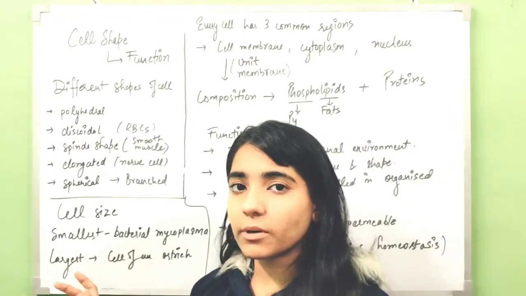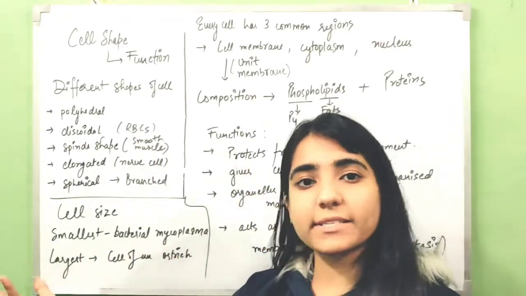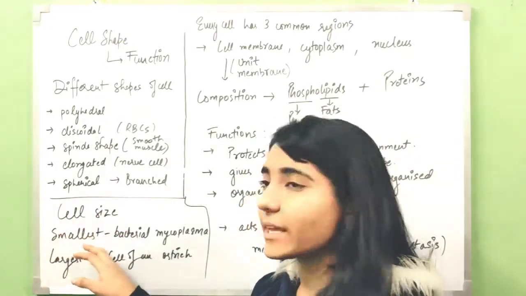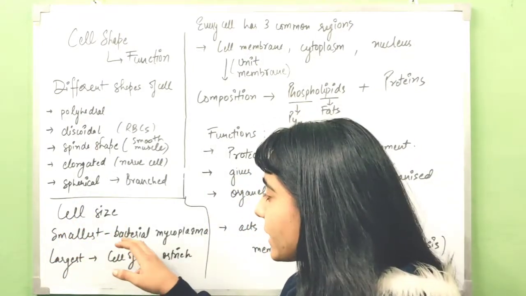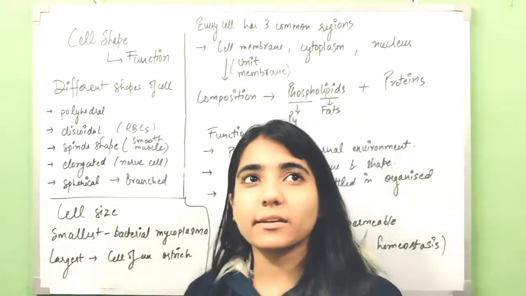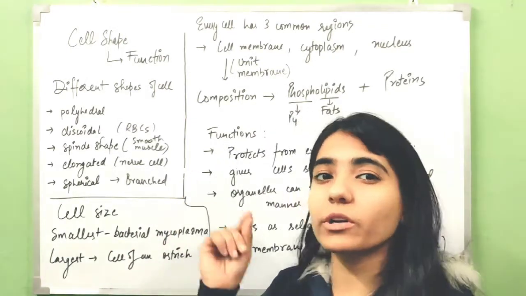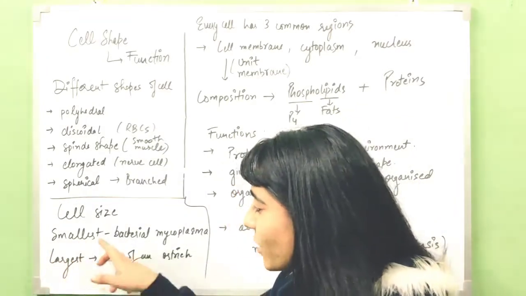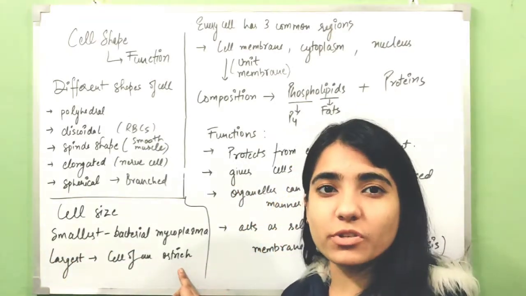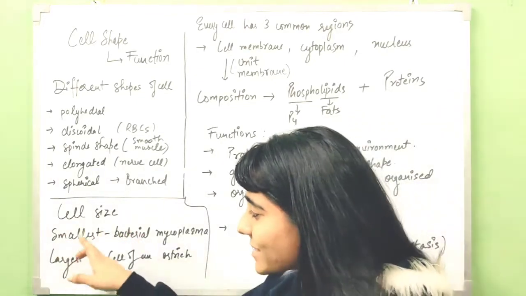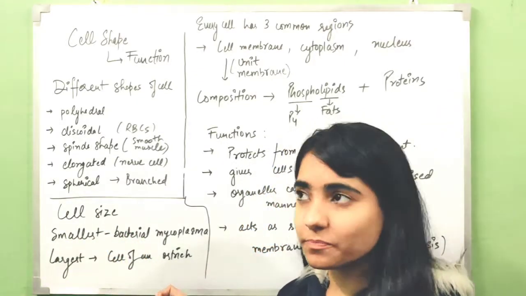We'll learn about two of the extremes. The smallest cell is the bacterium mycoplasma. It is around 0.1 micrometer, so you can imagine how small it will be. And the largest one is the cell of an ostrich. It is usually 18 to 20 centimeter. So these are the smallest and the largest cells.